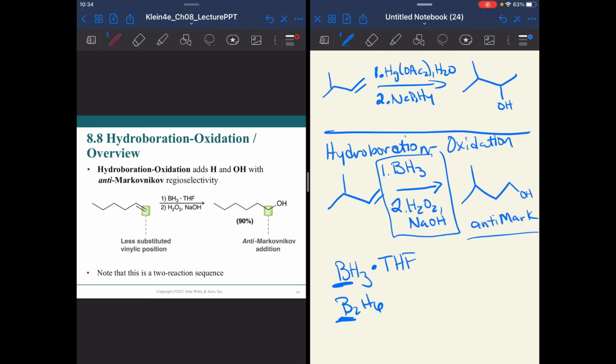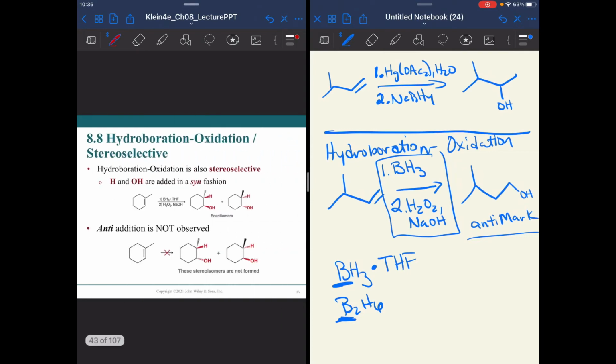So again, you are not going to be held responsible for this mechanism, but you are responsible for predicting the products. We are going to take a look at part of the mechanism before we do that, because the mechanism helps explain why the hydroboration oxidation adds water anti-Markovnikov.